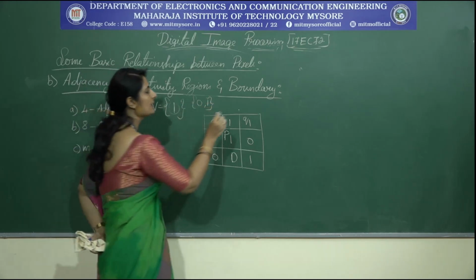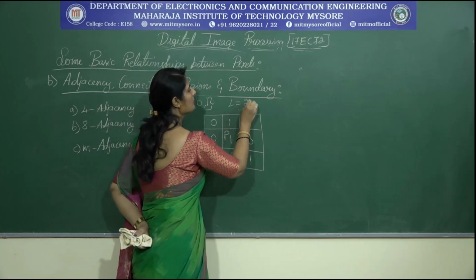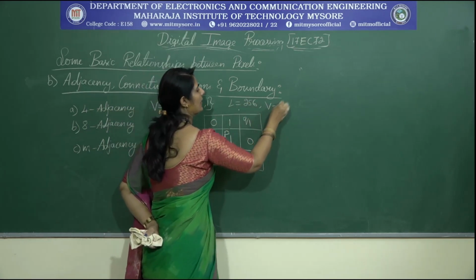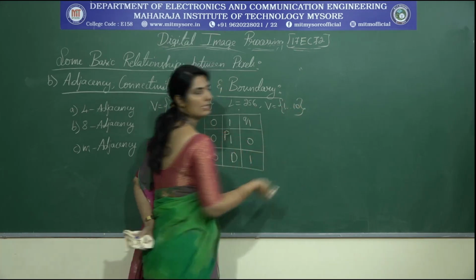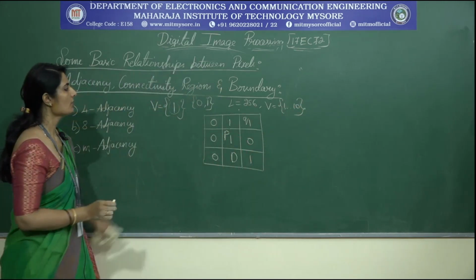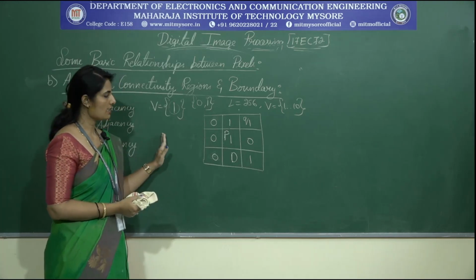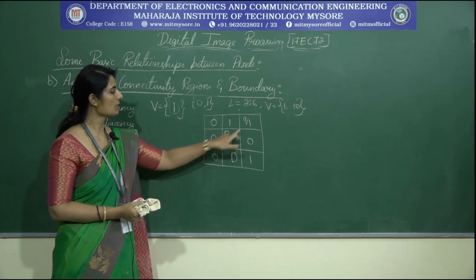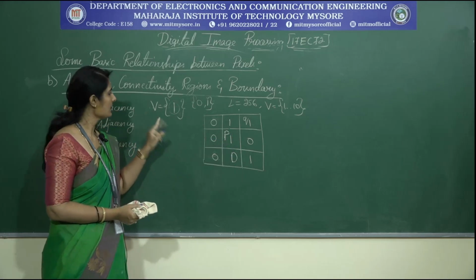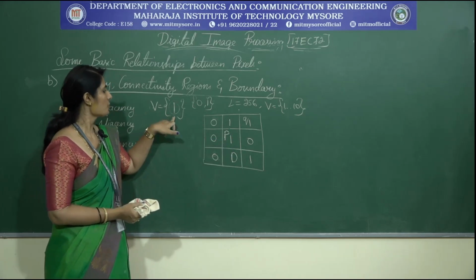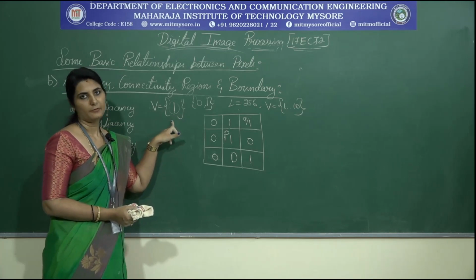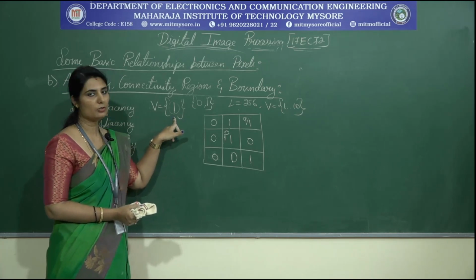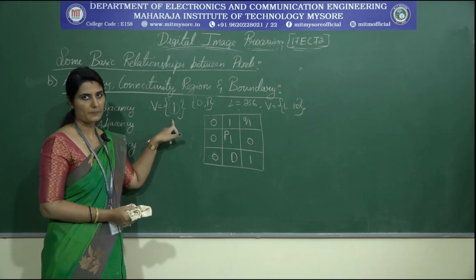If suppose I consider the image of having 256 levels, then V can be the subset of this 1 to 10, anything like that, okay. So, first condition is that in order to say that Q is adjacent to P, both P and Q should be having the value of this subset V, okay.